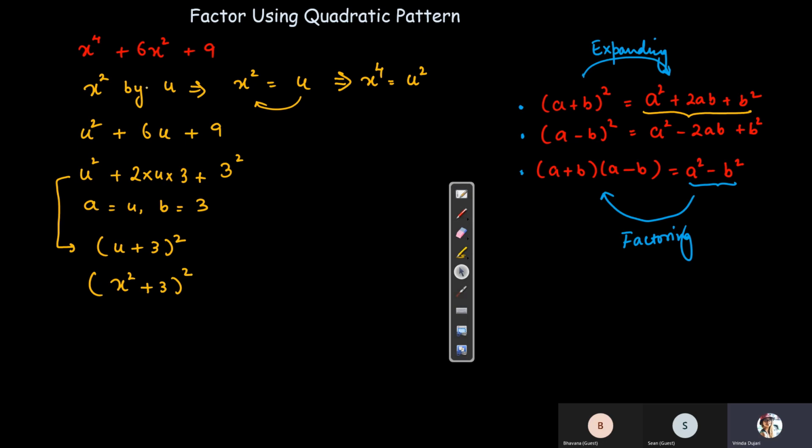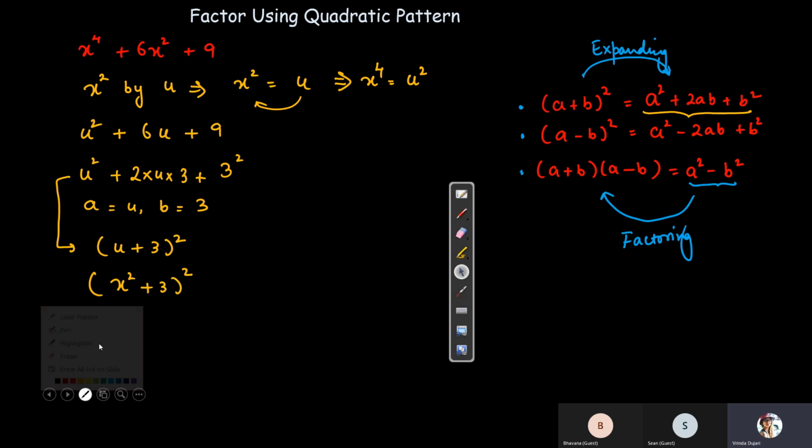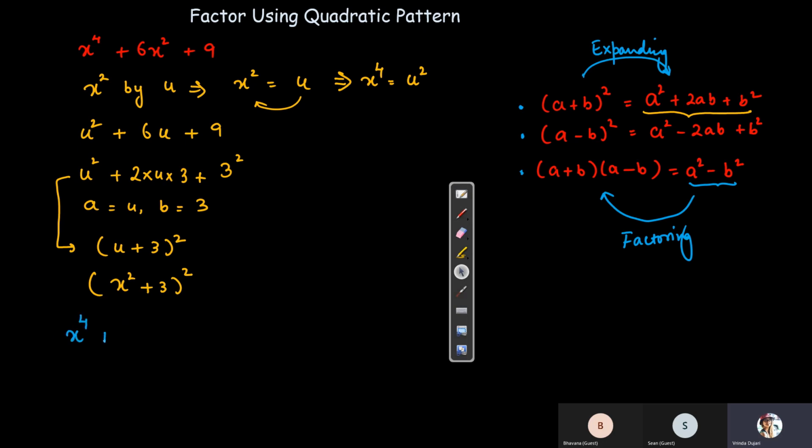So the factors of this expression, your original expression was x raised to 4 plus 6x squared plus 9. So its factors are x squared plus 3 whole square. Basically, this factor is repeated, x squared plus 3 and again x squared plus 3. If you multiply these two factors, you will get this expression.